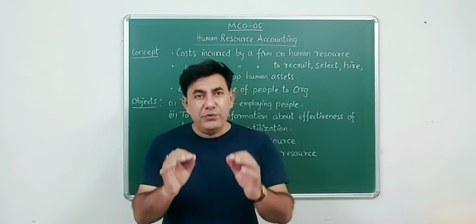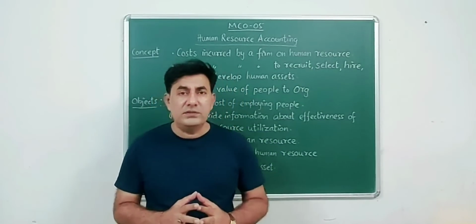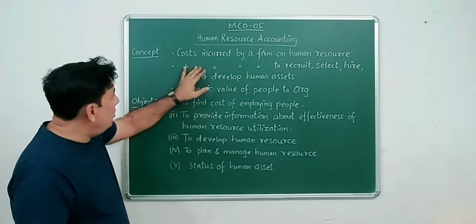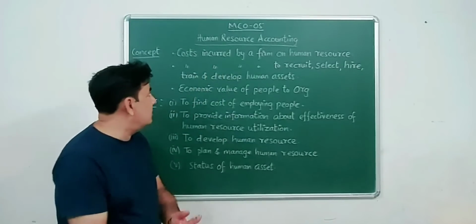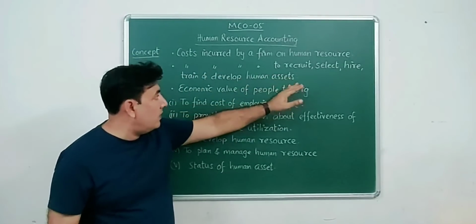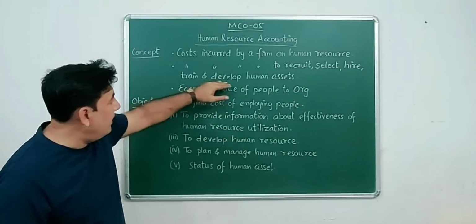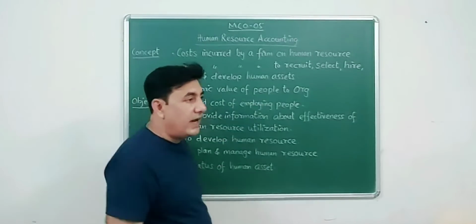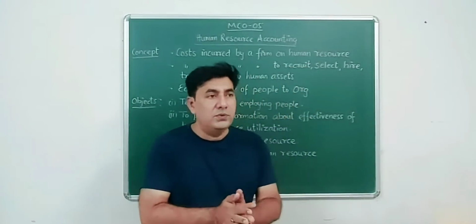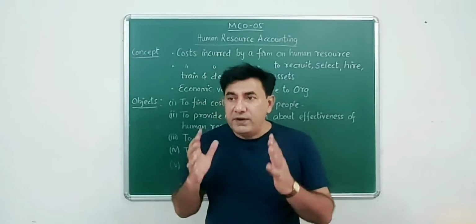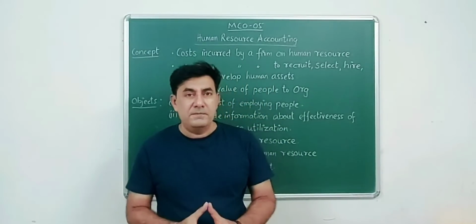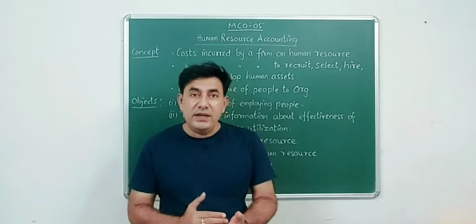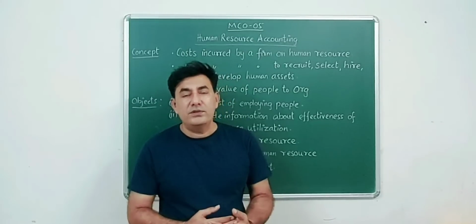Let's see, I have written a few important lines about human resource and you can expand after that, right? The first, the costs incurred by a firm to recruit, select, hire, train and develop human assets, the economic value of people to the organization. That means human resource accounting refers to the accounting which finds out the cost incurred by a company to recruit, to select, to train, to develop the employees.